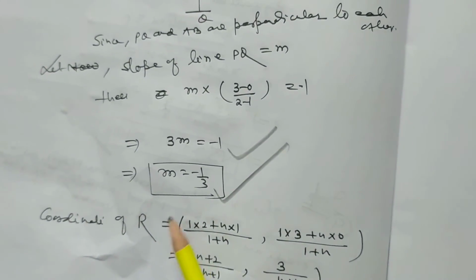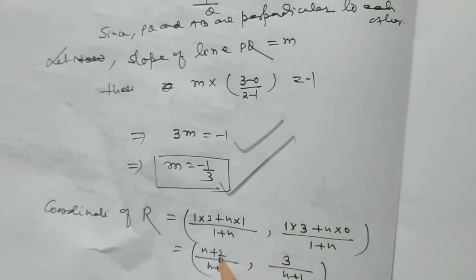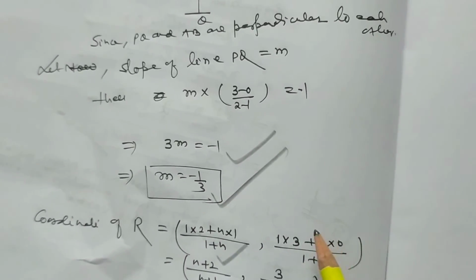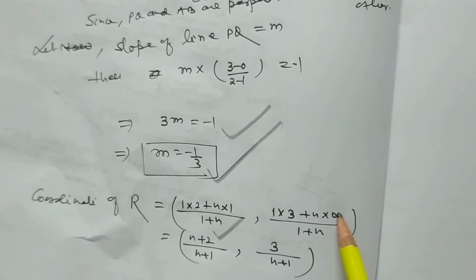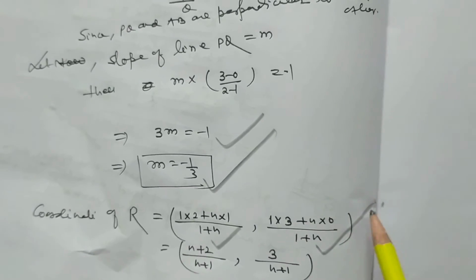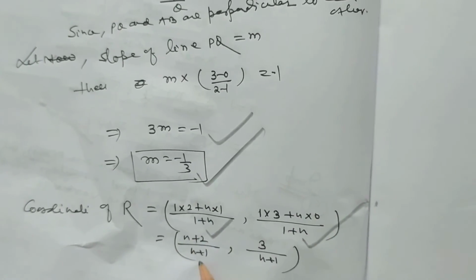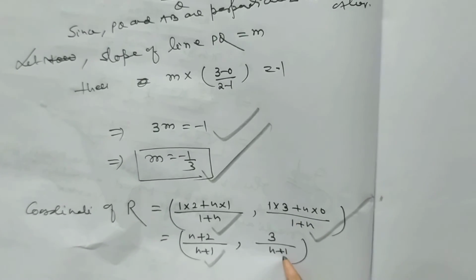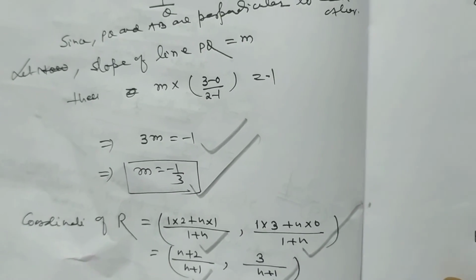Coordinate of R is equal to (1 into 2 plus n into 1) divided by (1 plus n), (1 into 3 plus n into 0) divided by (1 plus n). So (n plus 2) by (n plus 1), comma, 3 by (n plus 1).